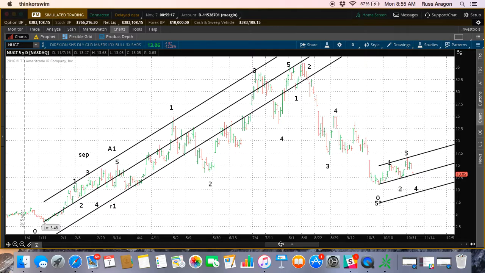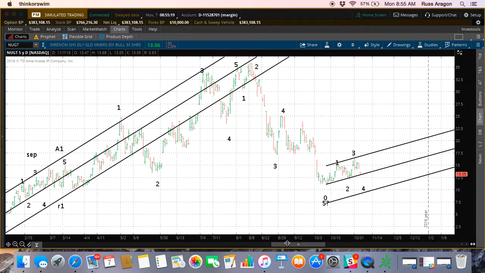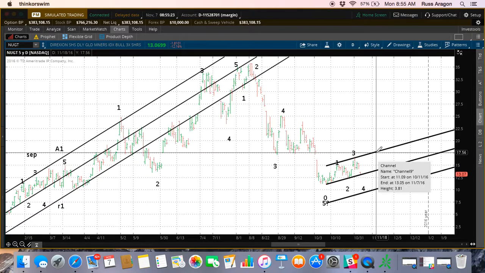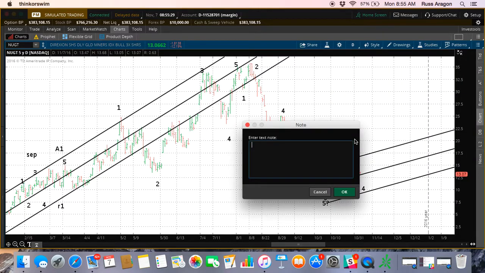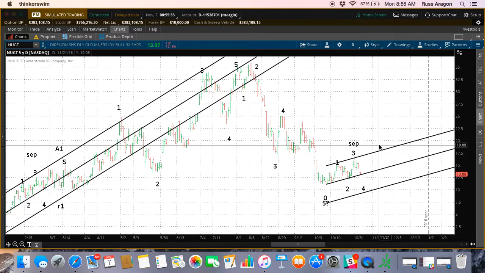Okay, so now what we're looking at, based on this SEP, I believe we're putting another SEP here. So what we'll probably end up doing is putting in this SEP. We'll put in 5 somewhere up here.